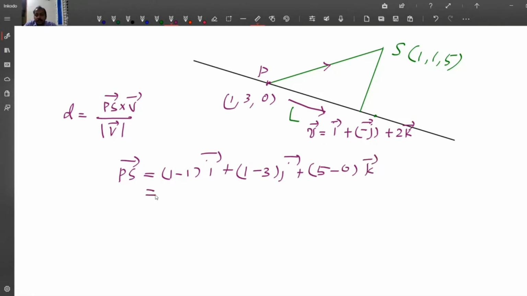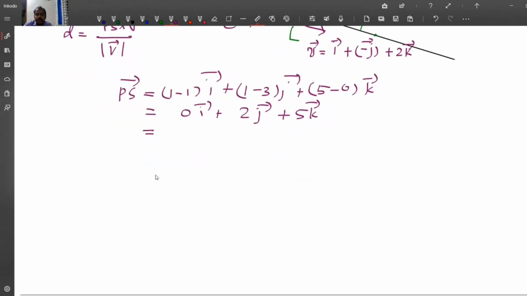So this is equal to 0i minus 2j plus 5k.